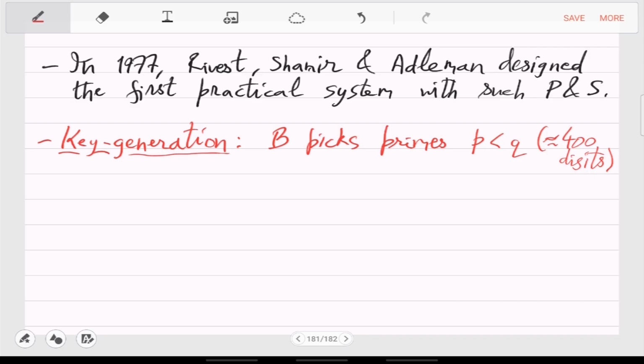This is easy to find because of the estimate we proved. Right? If you just randomly pick a 400-digit number, with good probability, it is a prime number. It's not composite. How do you find out that it's prime? How do you confirm? So there are many primality algorithms which you can study in advanced courses.